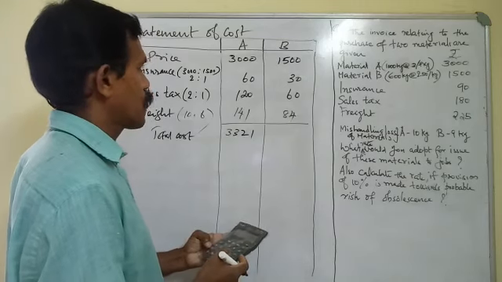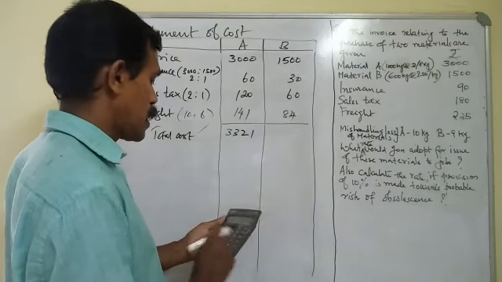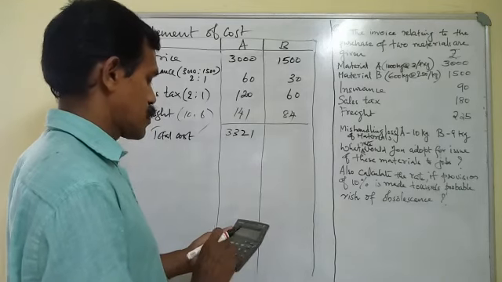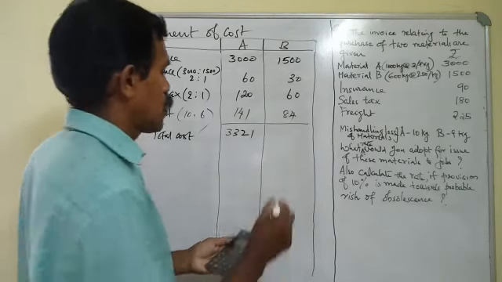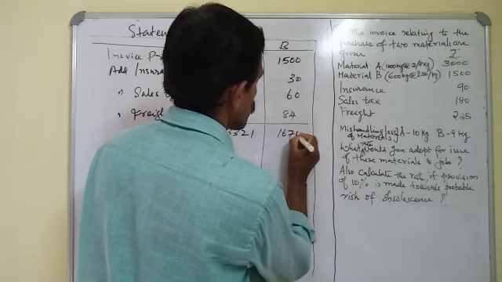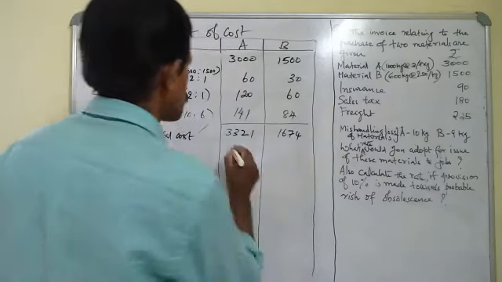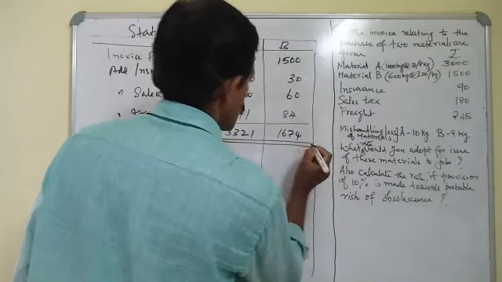Then total cost of B is 1500 plus 90 plus 84, that is equal to 1674.